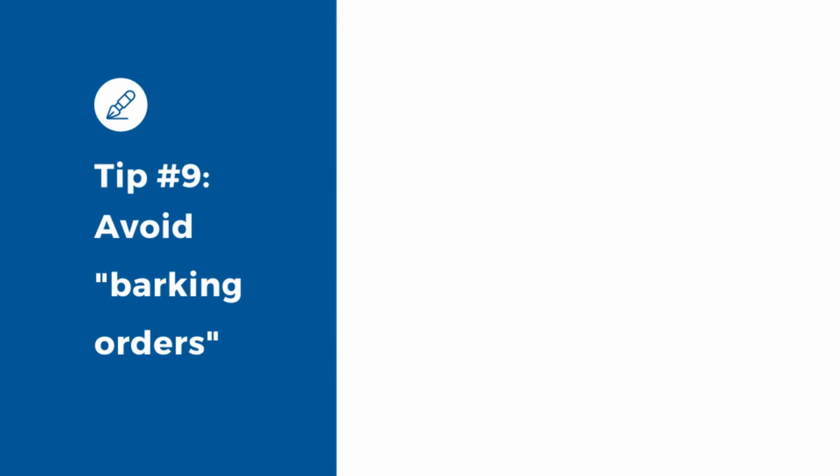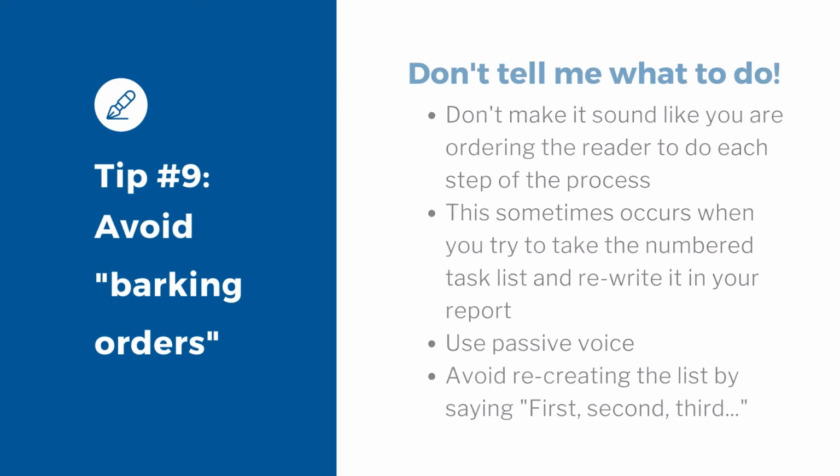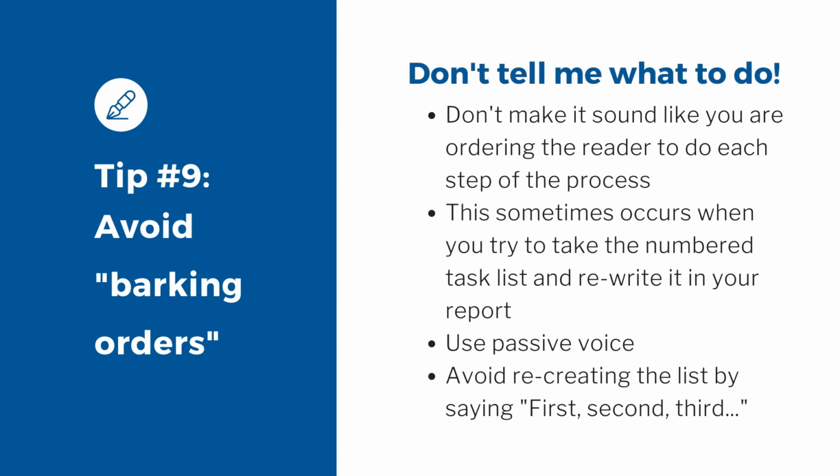Tip number 9. Avoid barking orders at the reader. Another common error in writing this section, especially if you are falling into the trap of creating operator instructions, is that it will sound like you are ordering the reader to do each step of the experiment, instead of reporting what you did.